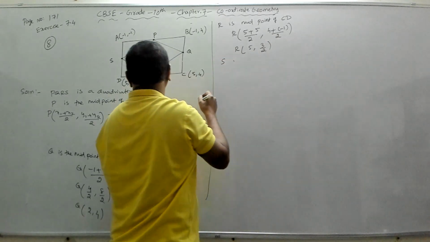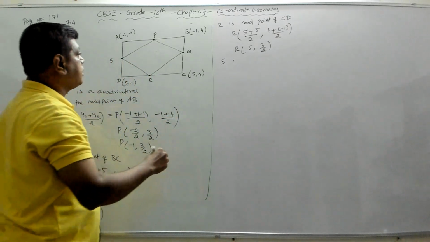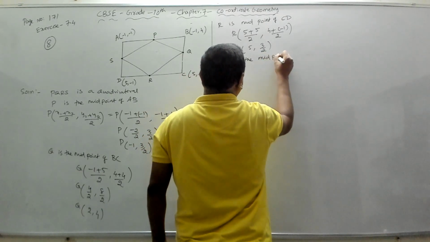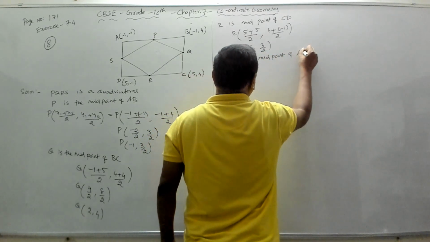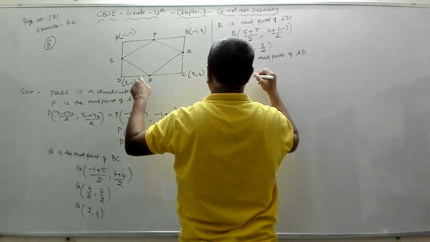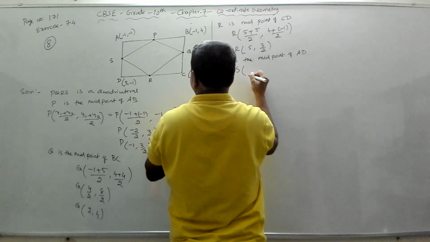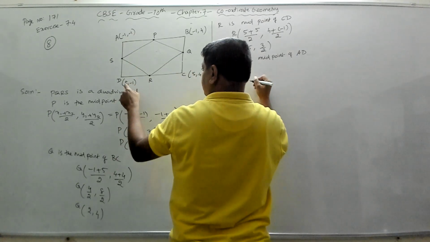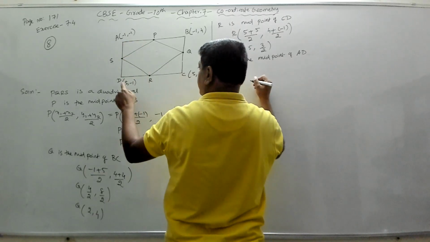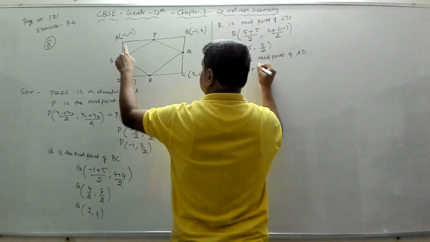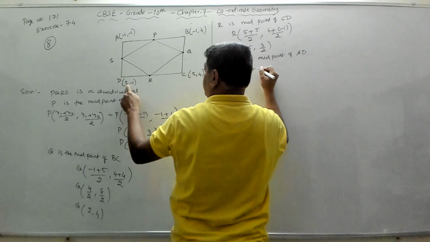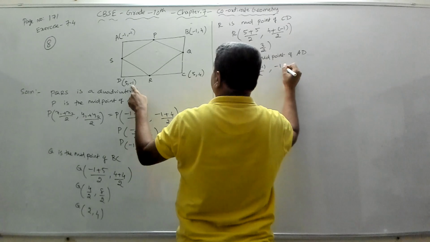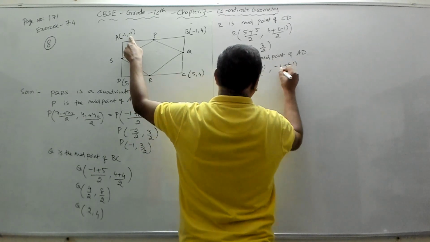Last one is S. S is the midpoint of AD. Now we will find the point S as x1 plus x2 by 2. We can take any one as x1, y1, x2, y2. So x1 5 plus x2 is minus 1 by 2, comma y1 is minus 1 plus y2 is also minus 1 by 2.